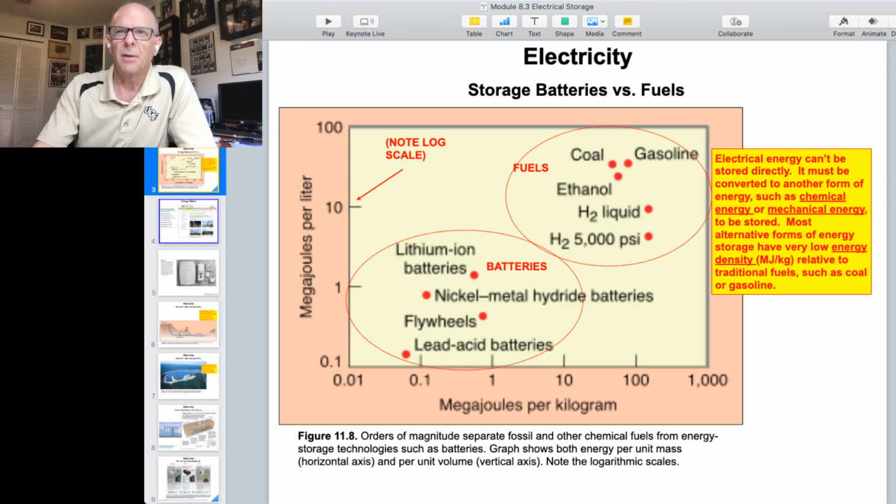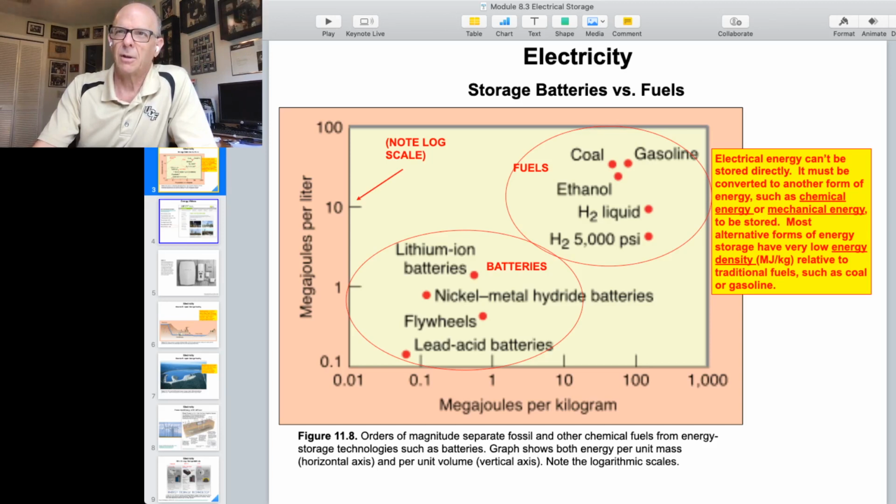So the lithium ion battery dot there is at about 1 megajoule per kilogram and 1 megajoule per liter, whereas gasoline is at 100 megajoules per kilogram. So you get literally 100 times more energy stored in a kilogram of gasoline than in a kilogram of a high-tech battery. So that's a challenge with finding good energy storage.